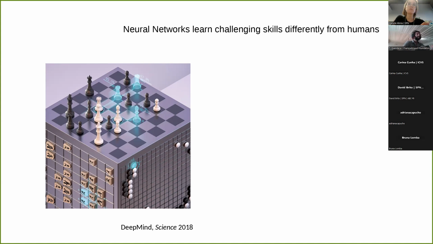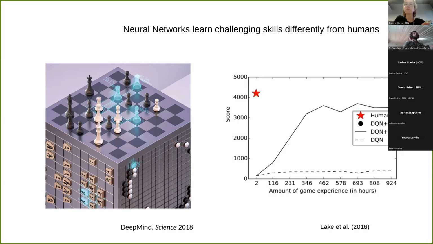But they seem to do so not exactly in the same ways that humans do. Lake and colleagues showed, for example, that while the performance of humans and these types of algorithms is equivalent, the time that it takes them to reach the same performance is much larger in these agents.